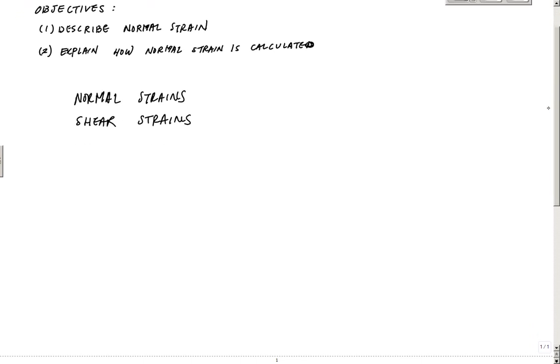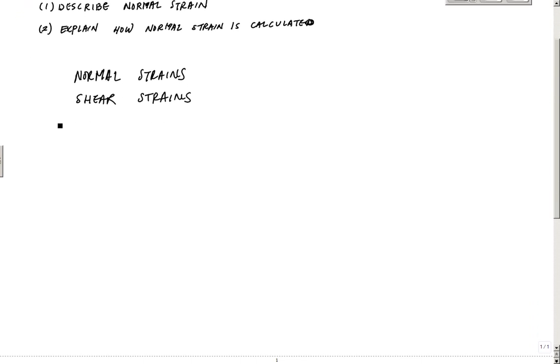But let's take, for instance, an axially loaded bar. Here I've got an axial member or a bar that's fixed to a wall like this, and it's got some length.